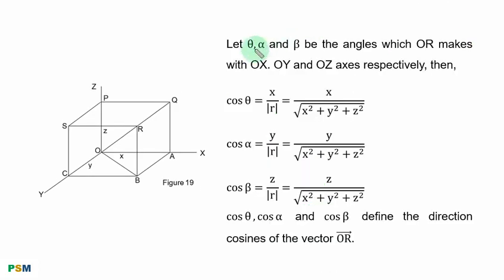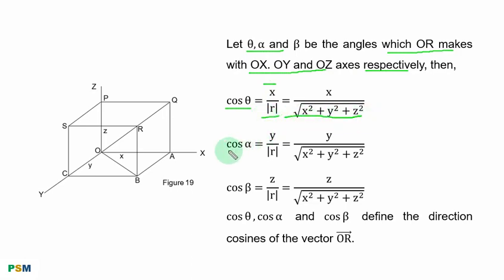Let theta, alpha, and beta be the angles which OR makes with the OX, OY, and OZ axes respectively. Then the first direction cosine, cos theta, is equal to the first component over the modulus. You have this result.